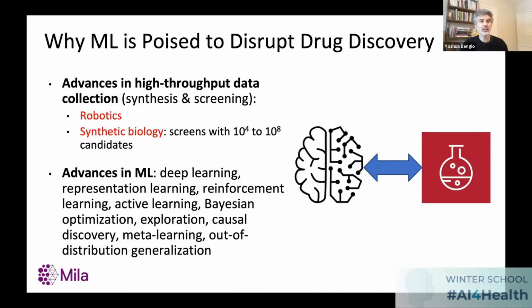And on the other hand, we have help from what's called synthetic biology, where we can reprogram cells like yeasts or bacteria, change their DNA so that they would produce proteins that we want. And then these proteins can be either the drug itself or could help as an enzyme to achieve some goal we're interested in.